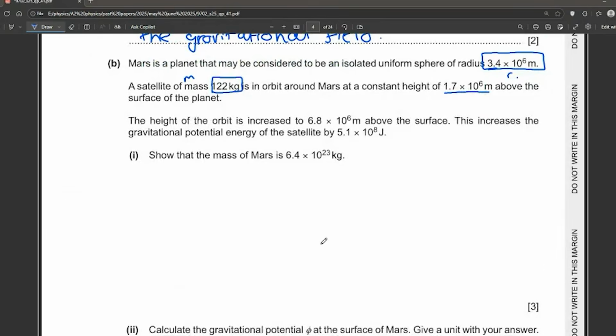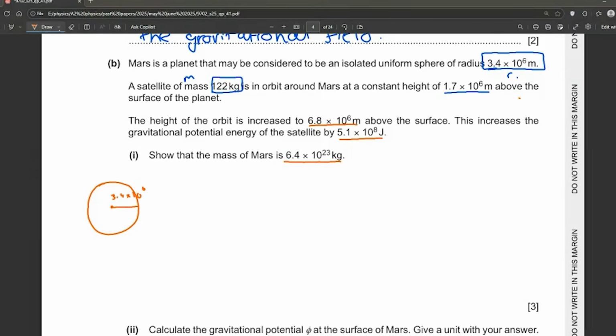So what do we have? Let's say you have a planet known as Mars. It has a radius of what? Mars's radius is 3.4 into 10 raised to the power of 6. Now, there is a satellite at a height h of 1.7 times 10 raised to the power of 6 meters above Mars.